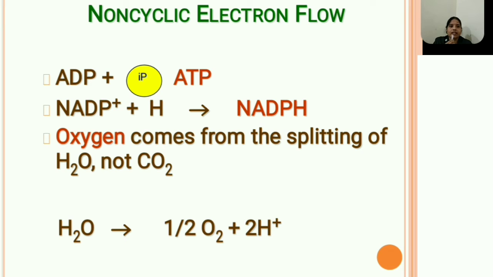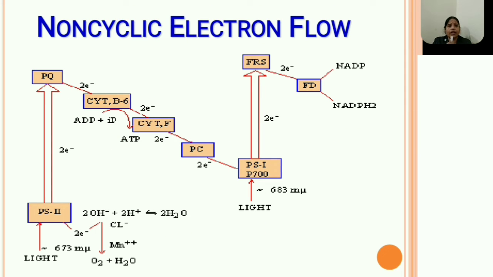It is the process of synthesis of ATP and NADPH2 from ADP and NADP in the presence of light during non-cyclic transfer of electrons. Its location is the grana in the thylakoid membrane.